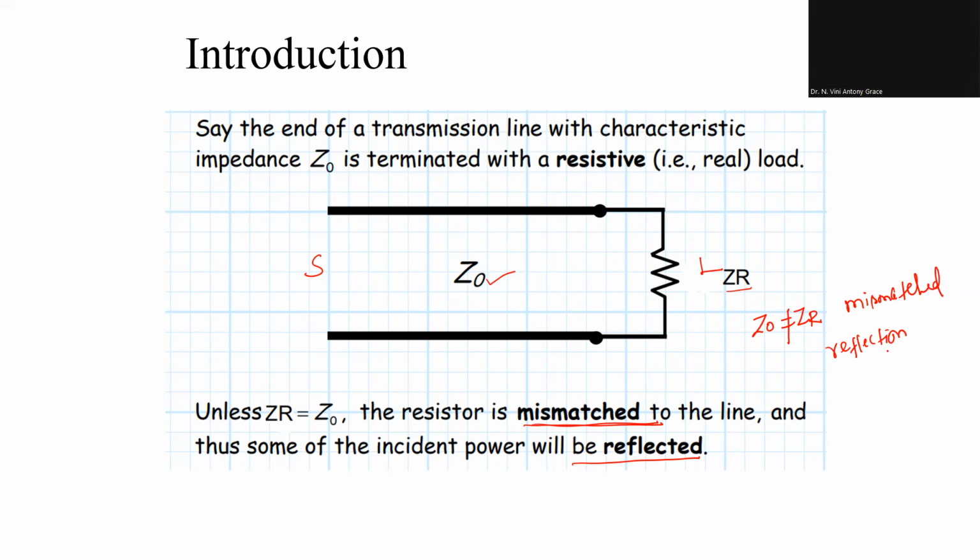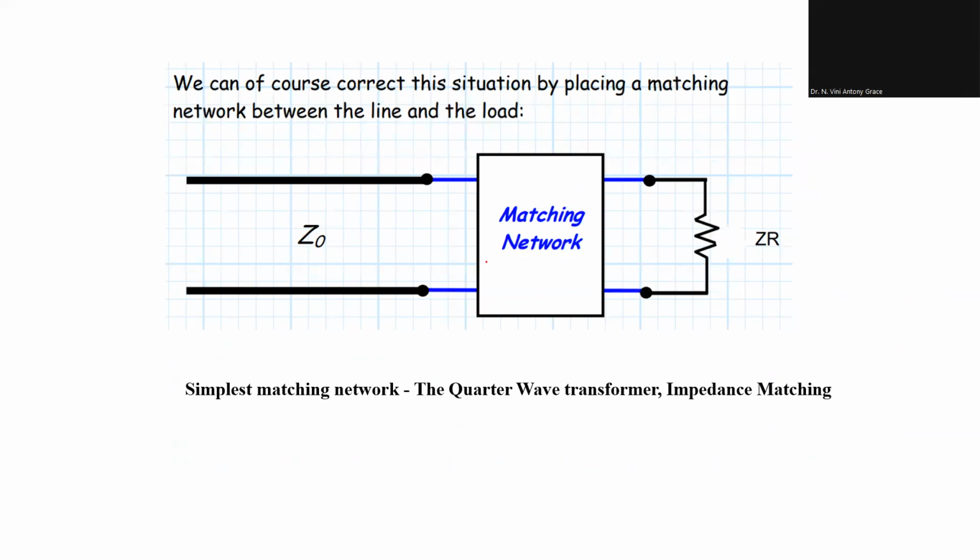And this reflection is undesirable and it has to be avoided in any transmission line. Now, if we want to avoid this reflection from the load to the source, one way is by inserting a matching network in between the transmission line and the load.